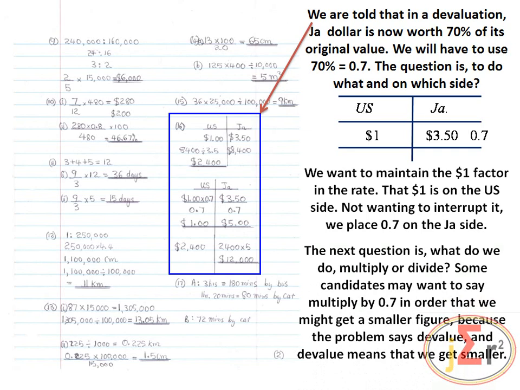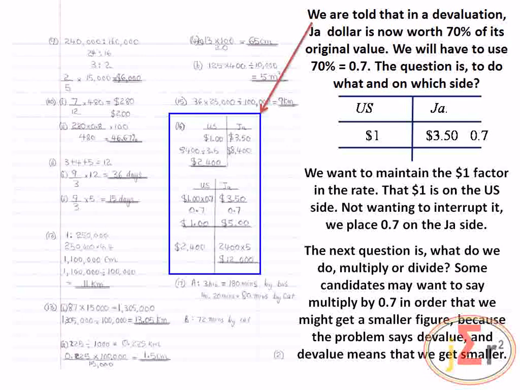Some candidates may want to say multiply by 0.7 in order that we might get a smaller figure, because the problem says devalue, and devalue means that we get smaller.